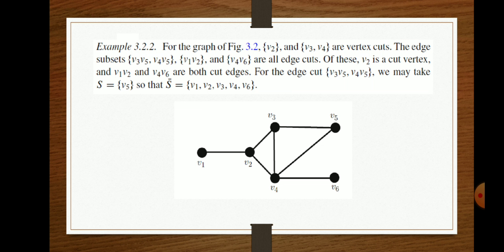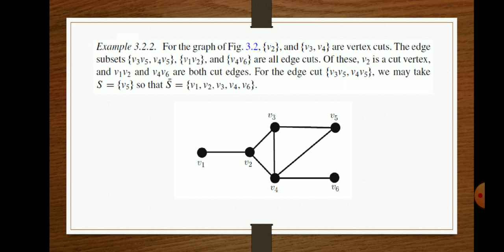These are edge cuts. Like that, V1 V2: here V1 belongs to the set S and V2 belongs to the complement of S. And V4 V6: V4 belongs to S and V6 belongs to S complement. Here V1 V2 and V4 V6 are cut edges.